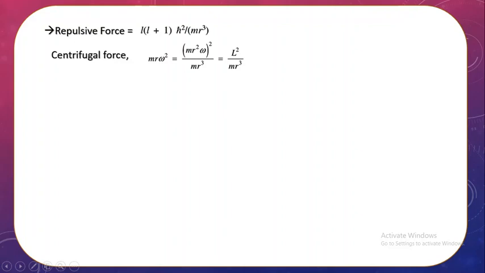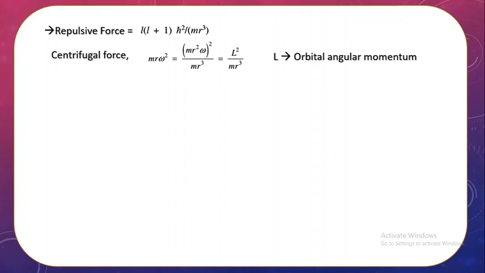When you multiply by m r cube, here we have m square, and r square whole square will be equal to r raised to 4 divided by r cube. Again it is going to be r itself into omega square. Why we are writing this in this form is so that we can explain centrifugal force in terms of capital L, where capital L is nothing but the orbital angular momentum.